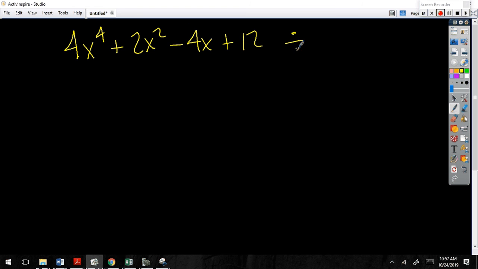All right, let me show you one that's got placeholders and a remainder. 4x to the 4th plus 2x squared minus 4x plus 12, divided by x plus 2.